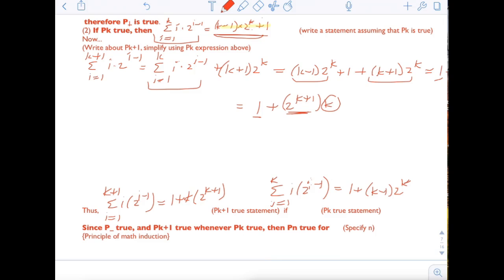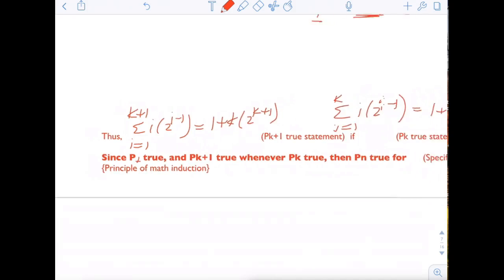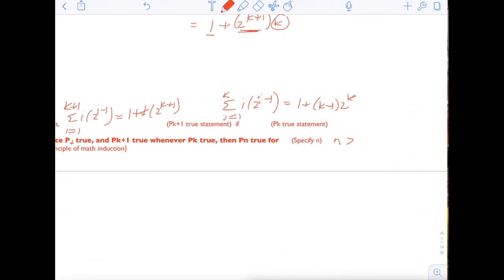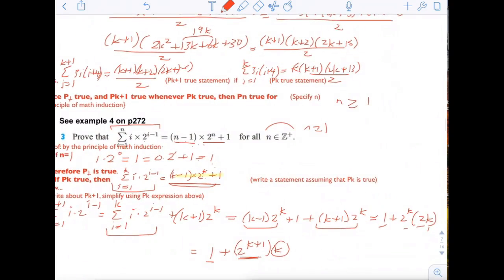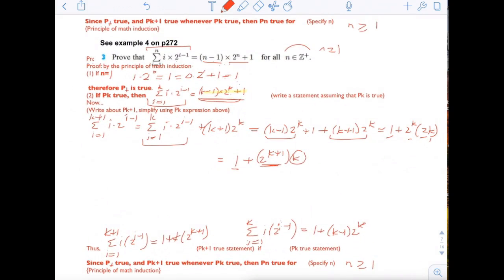Okay? And so then we come down to the final statement, and since P(1) is true, and P(k + 1) is true whenever P(k) is true, then P(n) is true for which values of n? n is greater than or equal to 1, I believe. Let's go back and check. Yes, it is. Okay, so that is it for this page.